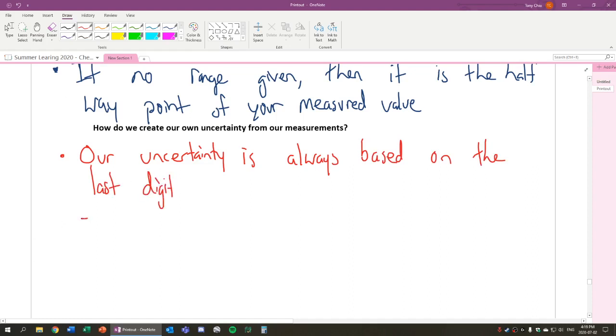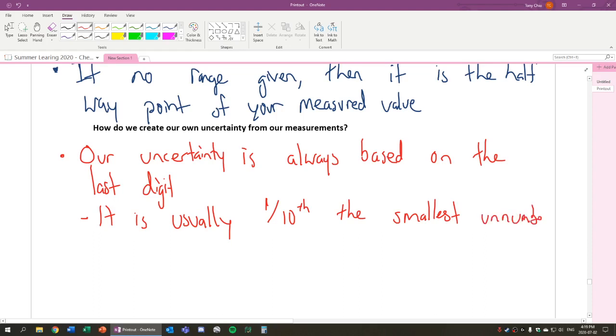And to find it, if it's not given, it is usually or always 1/10 the smallest unnumbered division of an equipment. So whatever equipment you use, the uncertainty is usually 1/10 of that smallest value.